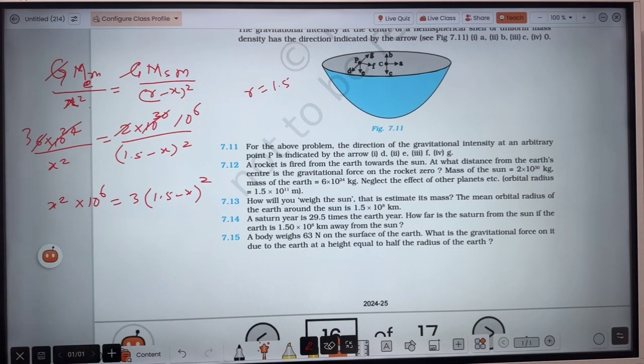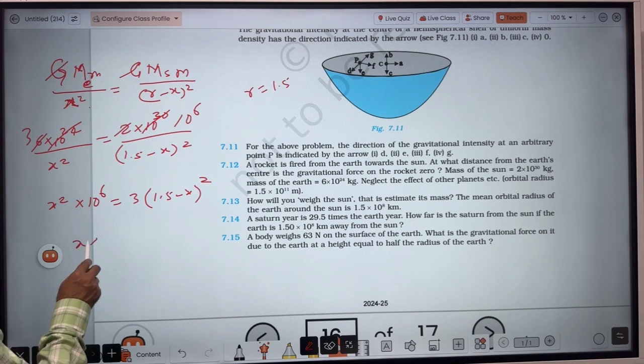Just have a look, 1 minute. If you take square root here, what do you get?